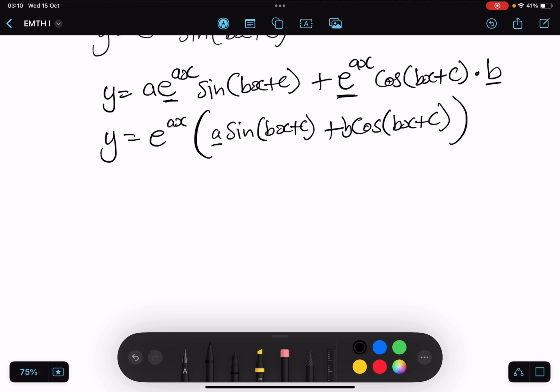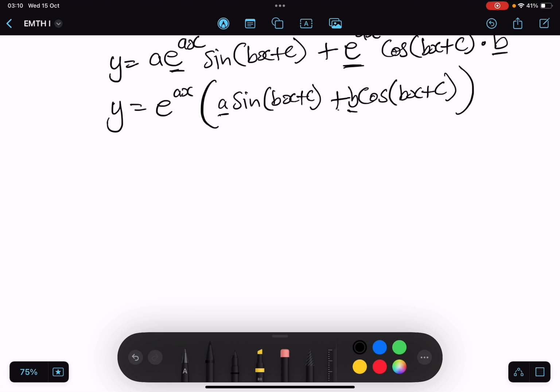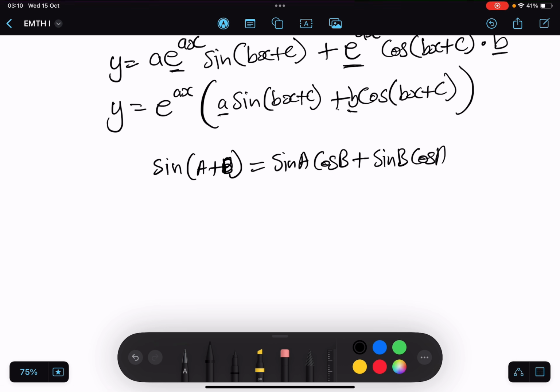So at this point we want to simplify this. We have a, we have b. How can you simplify this? We're going to apply the compound angle identity, whereby sin(A + B) is equal to sin A cos B plus sin B cos A, right?